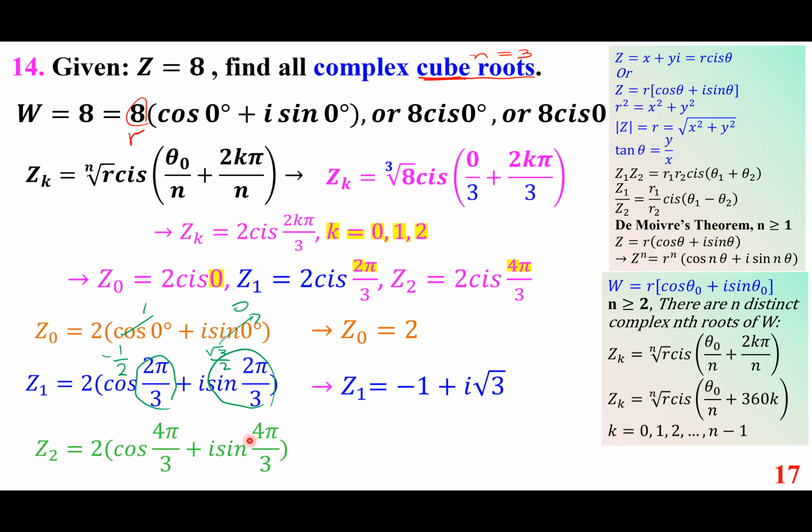In the third quadrant, both of them are negative. So square root of 3/2 will change to negative square root of 3/2. So let me write that: negative 1/2, negative square root of 3/2. So this gives us negative 1, and this gives us minus i square root of 3.